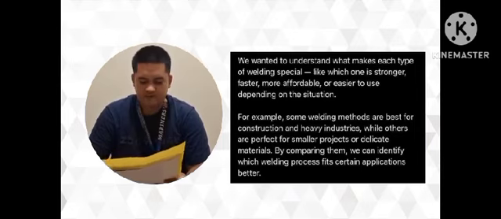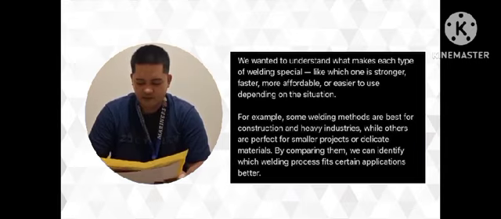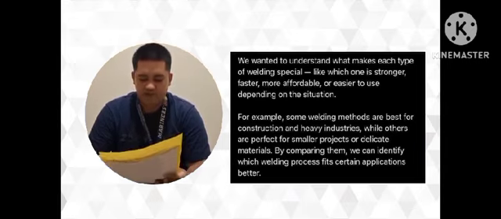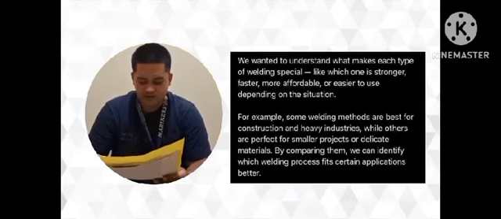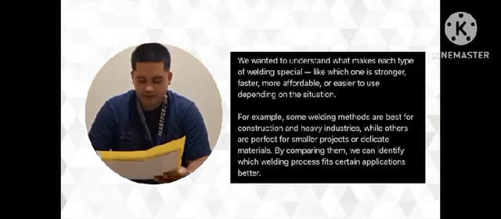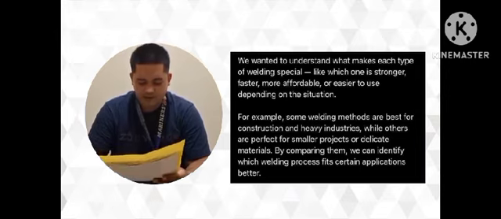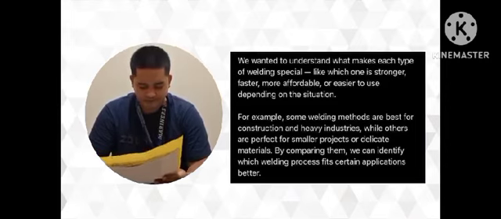For example, some welding methods are best for construction and heavy industries, while others are perfect for smaller projects or delicate materials. By comparing them, we can identify which welding process fits certain applications better.